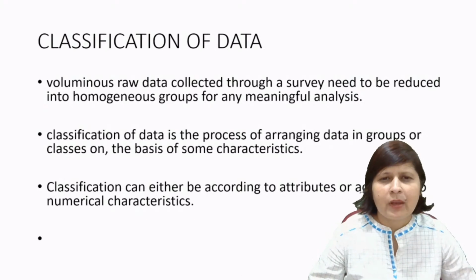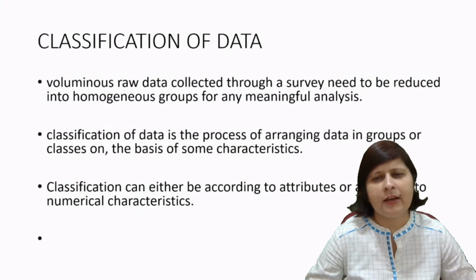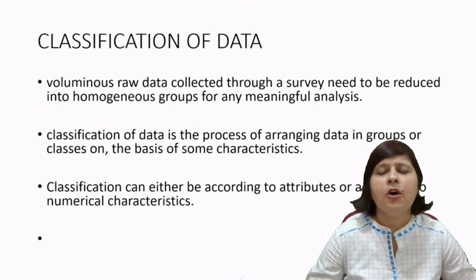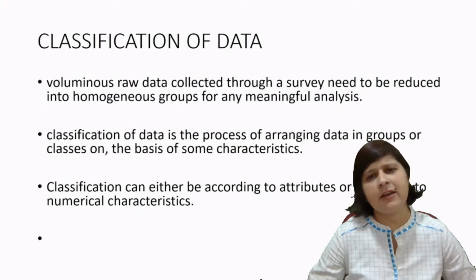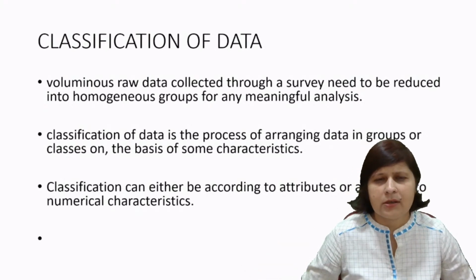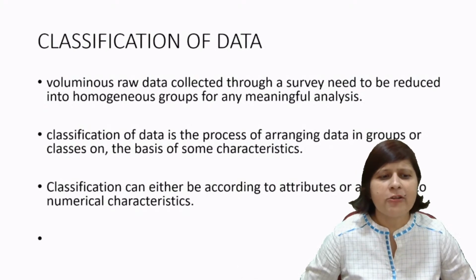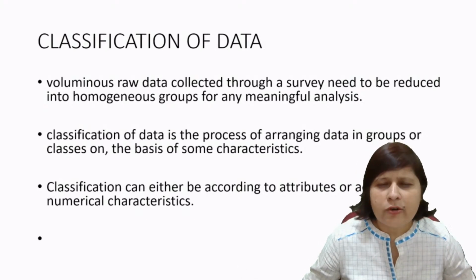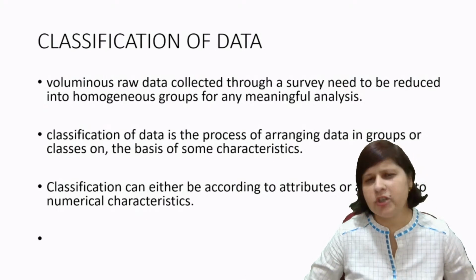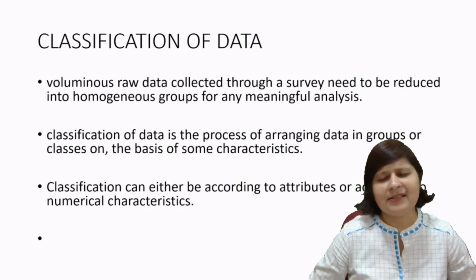Classification of data. Voluminous raw data collected through a survey need to be reduced into homogeneous groups for any meaningful analysis. When you get exhaustive responses, then it is very important that you reduce your data into homogeneous groups, so that you can meaningfully analyze the data.